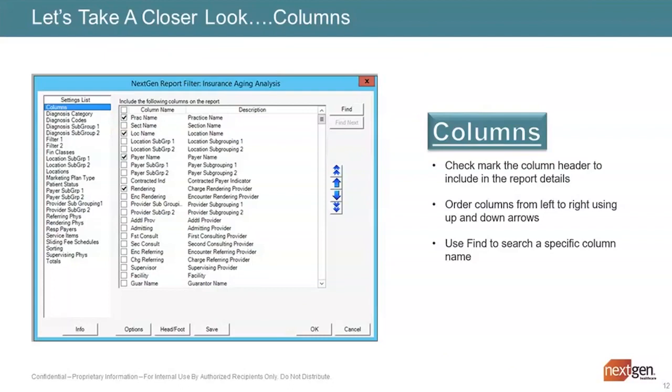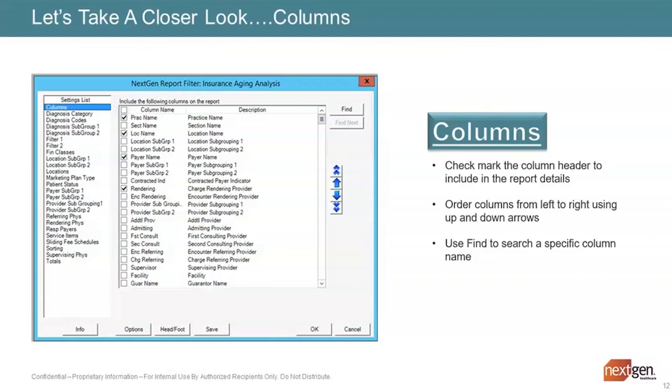Every time you open up a report in NextGen, it inherently decides what it thinks you're going to want on that type of report. In this example, it thinks that for an insurance aging analysis, you're going to, of course, want the practice name, location name, payer name, rendering name. All of those are check marked. Now, if you don't want one of those, you can click on the check mark and remove it, and that column will not appear.